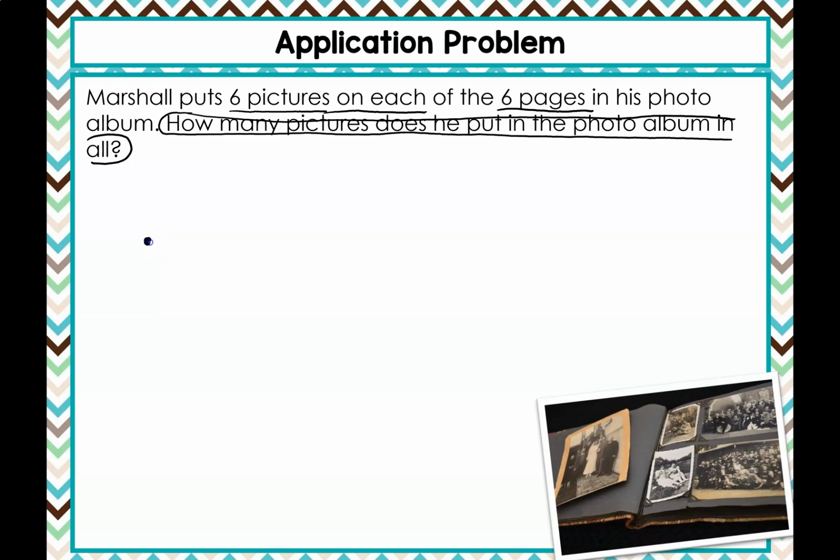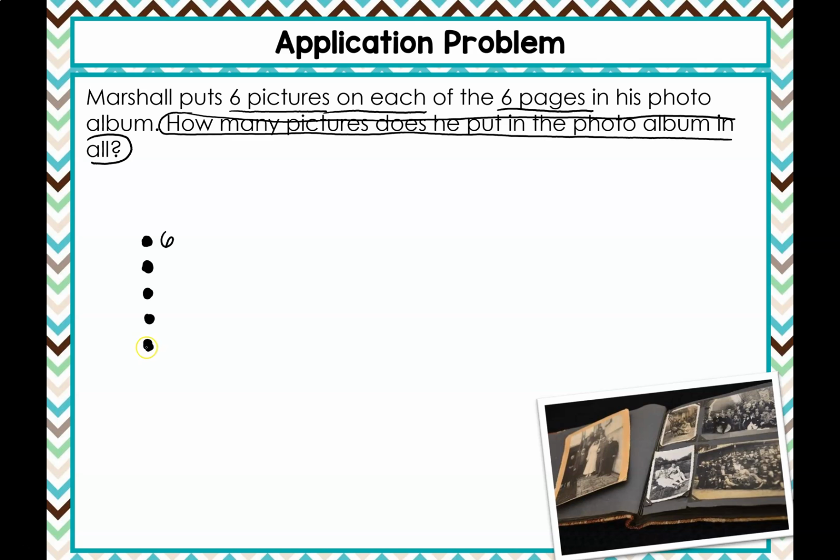Go ahead and draw along with me. We're going to draw these dots to represent one page in his photo album. So on one page, he put 6 pictures. So there's 6 pictures on each page. So here's another 6. Another 6. Another 6. So it's essentially like writing a shortened version of our array.